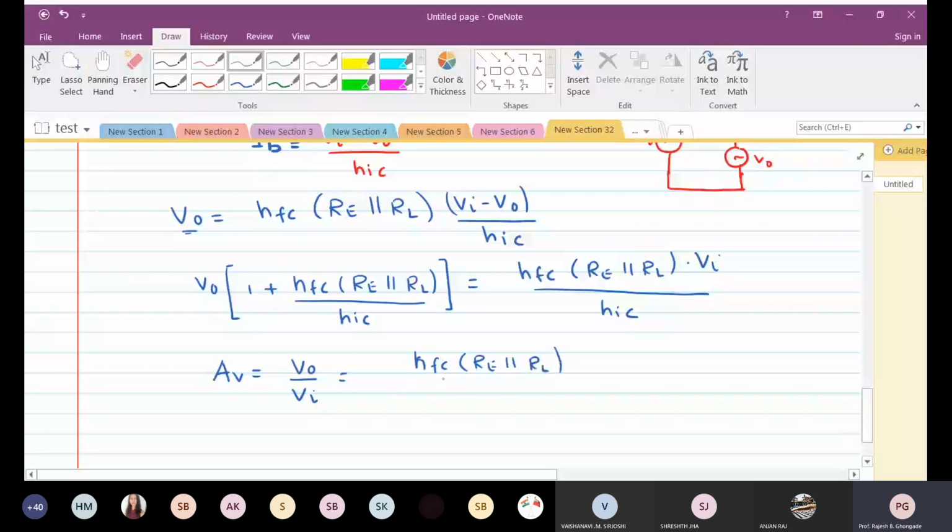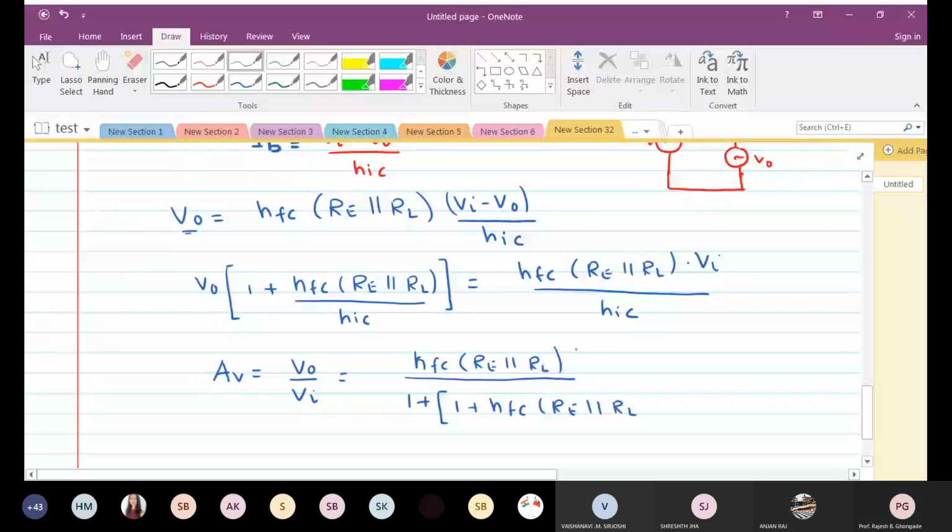HIC term will go away, taking this entire bracket on the right hand side again, the denominator 1 plus HFC into RE parallel RL.